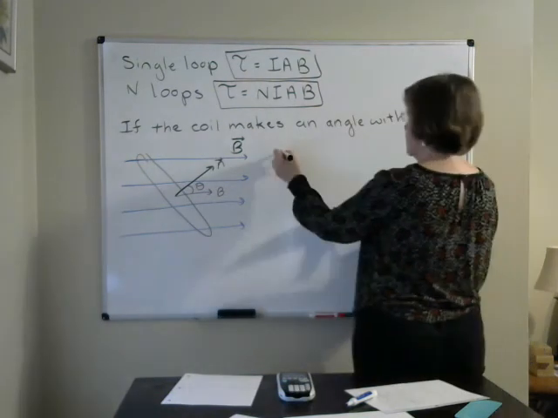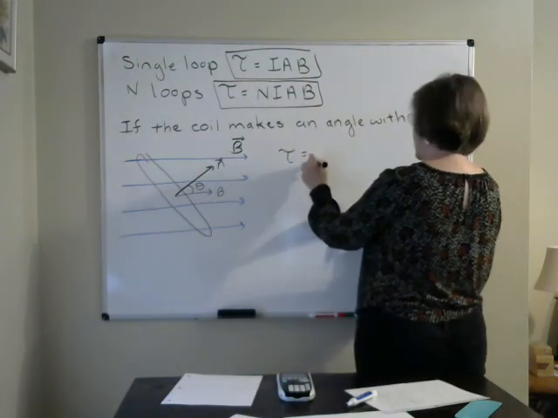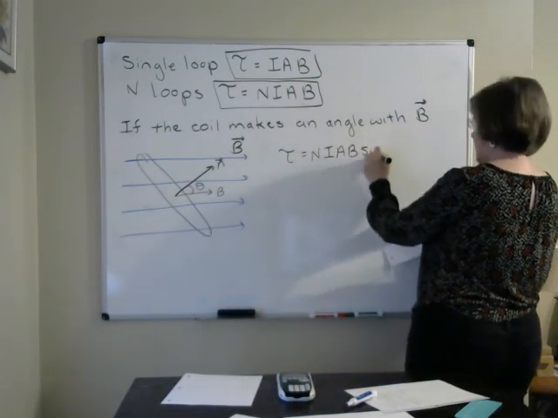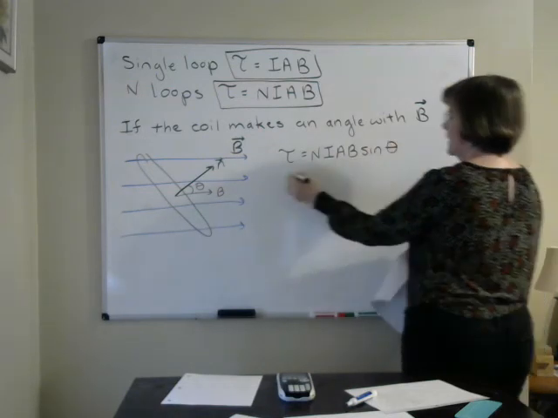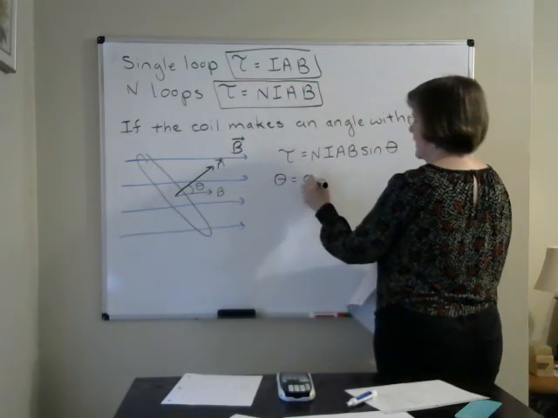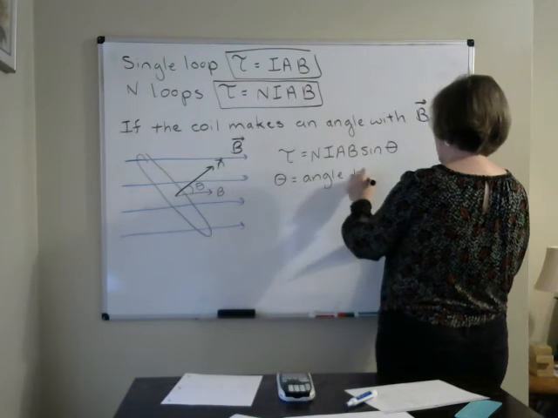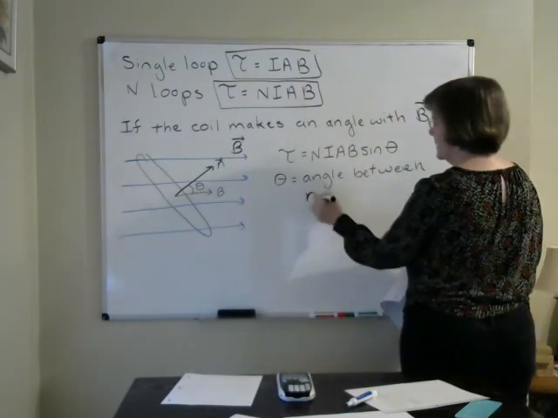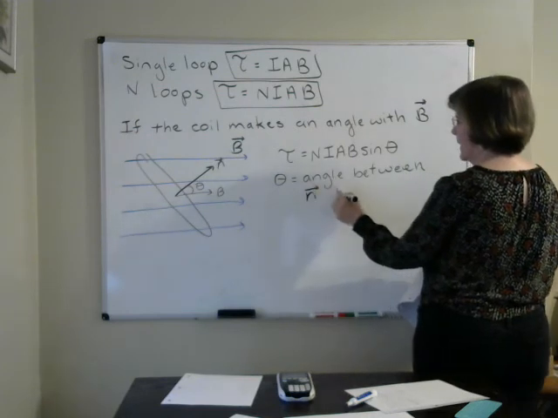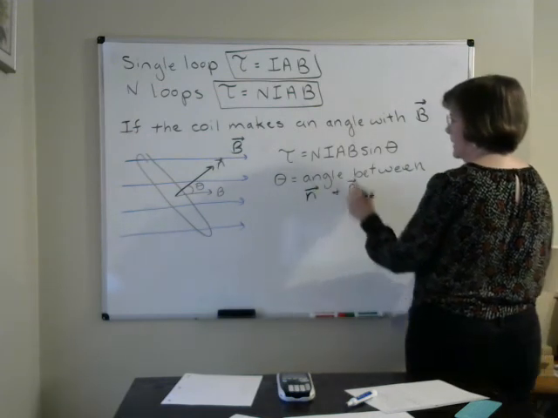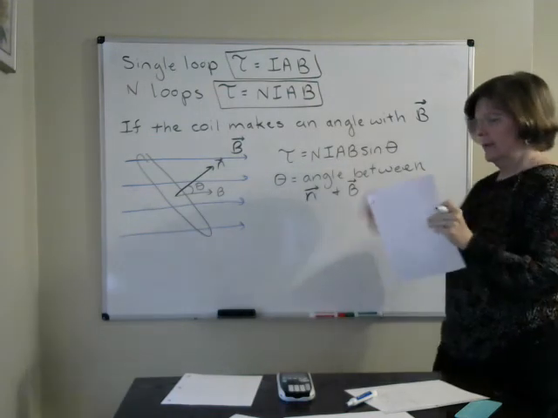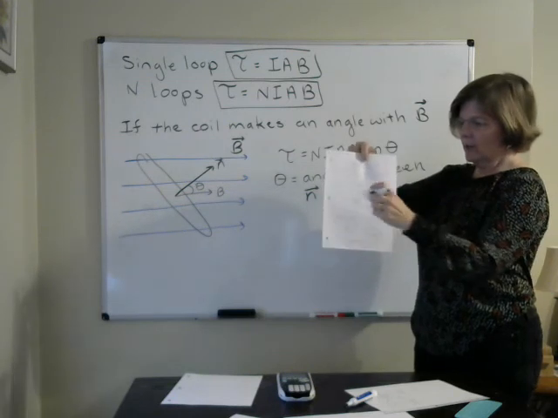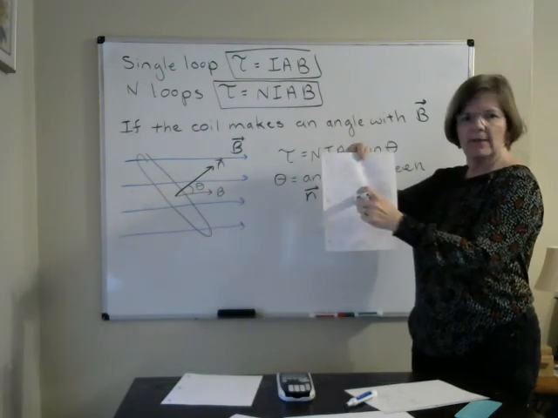In this case, the torque becomes NIAB sine theta, and theta is equal to the angle between that normal to the loop and B. A lot of times if you want to think about a loop, like say the edge of this sheet of notebook paper is a loop, I think of the normal segment sticking right out of the middle of it, kind of like a handle.